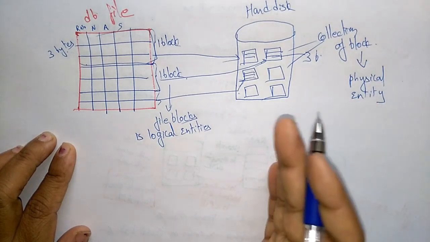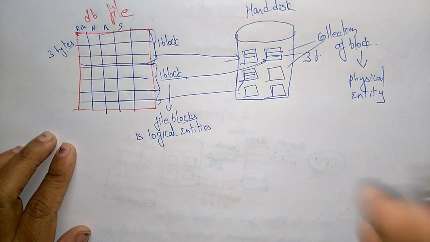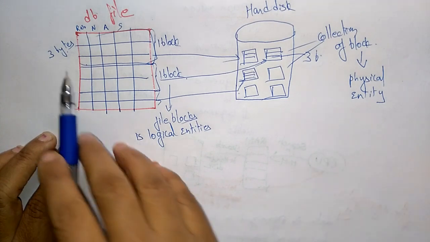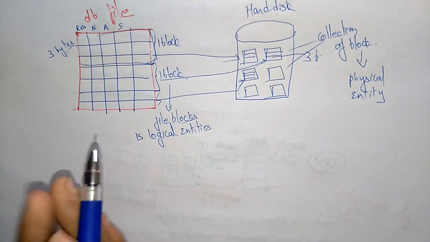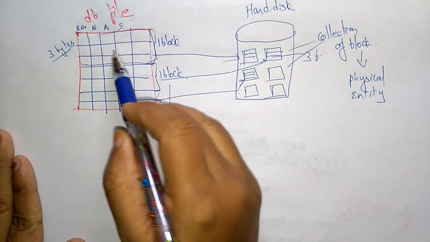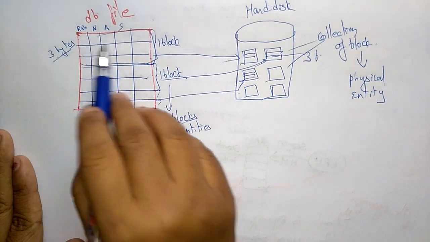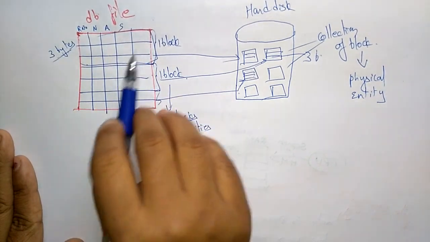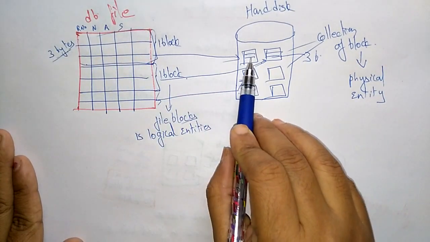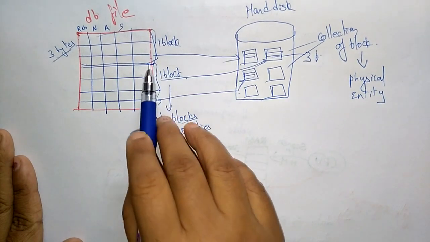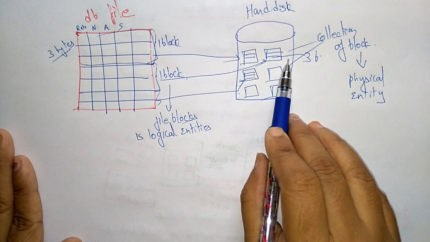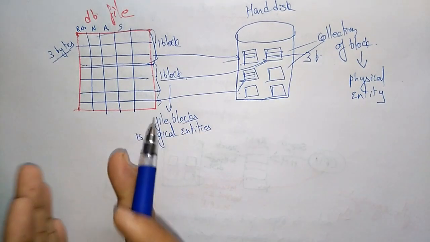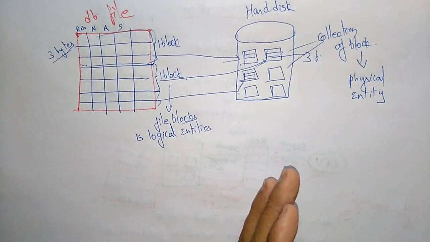I'm just explaining with a simple example. Those 3 records with their set of fields are stored in one block, and another set of 3 records is stored in another block in the hard disk. This is how the files are organized in the hard disk.